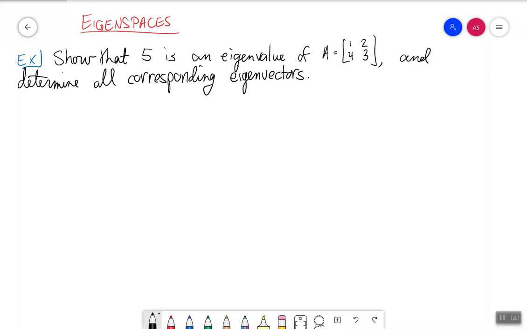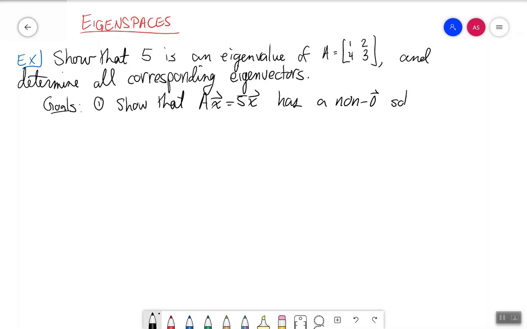Let's look at an example here. We're going to show that 5 is an eigenvalue of this matrix A, and we're going to determine all the corresponding eigenvectors. So our goals for this example, first of all, we want to show that Ax equals 5x has a non-zero solution.